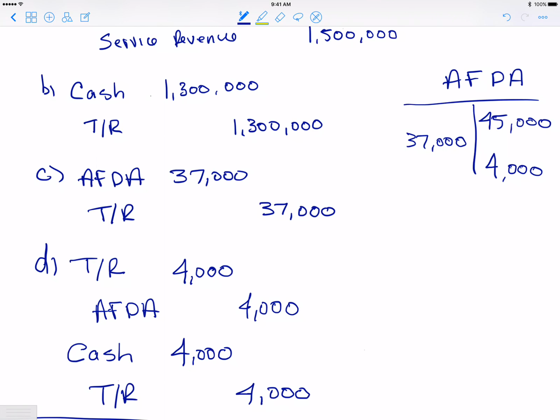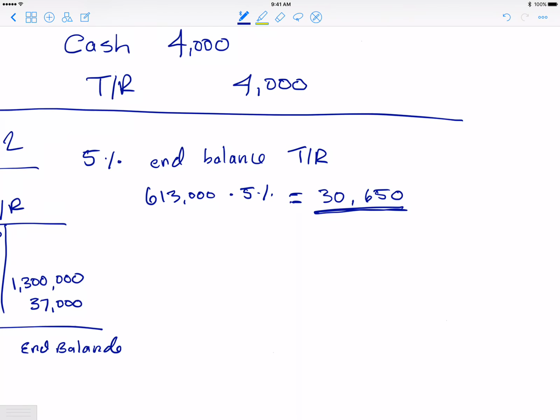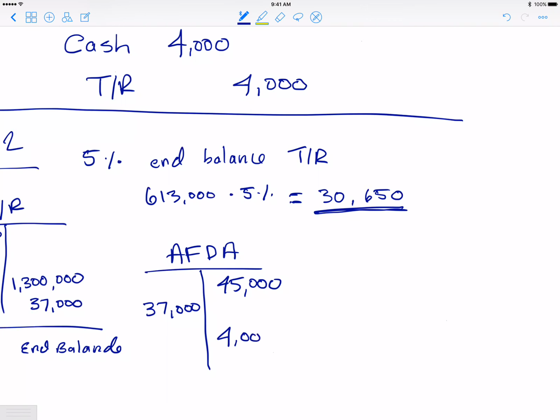So scrolling up, we see that we've actually already done most of the work here. Just like we did with trade receivables, I'll recopy the table and we'll get to work. So we saw that in our allowance for doubtful accounts, we started with $45,000 and we wrote off $37,000, but ended up collecting $4,000 back.